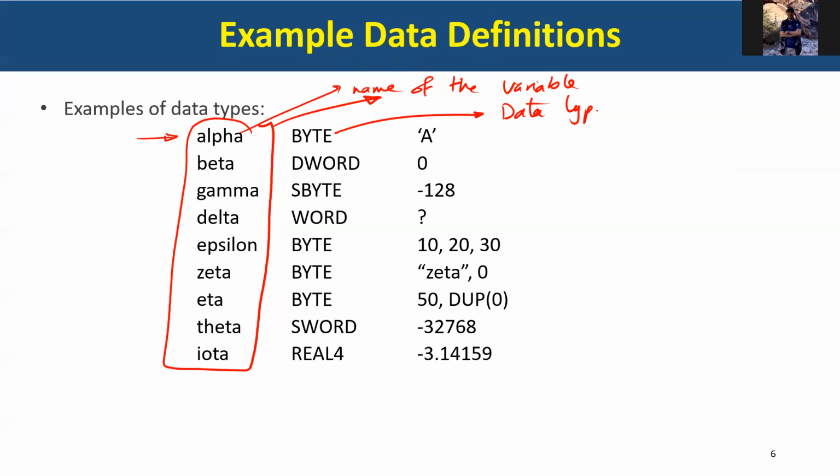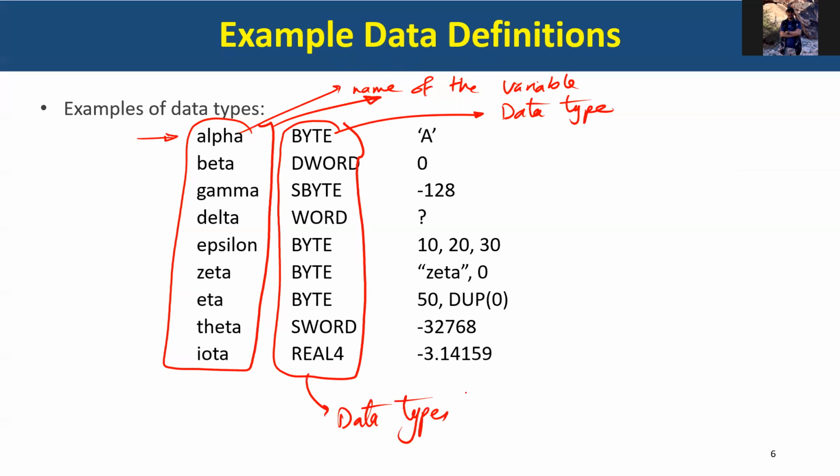We define the data type here, but it's not like integer or float in C++. We define it basically with a size. All of these are data types, and all of these are initializers.